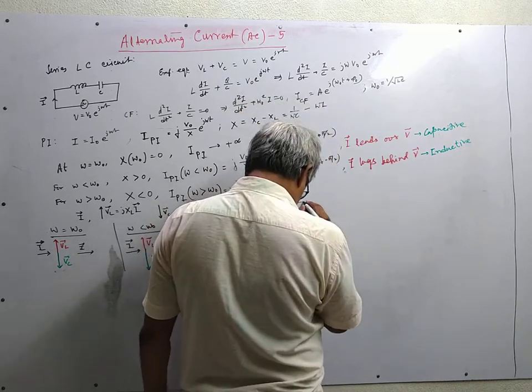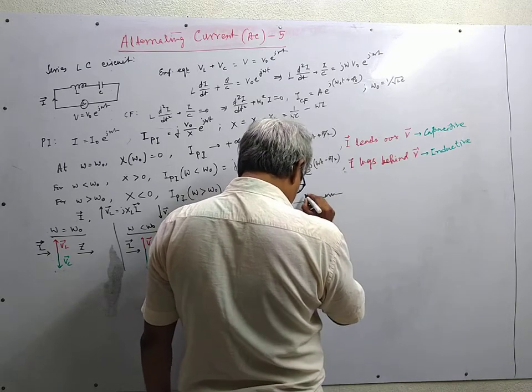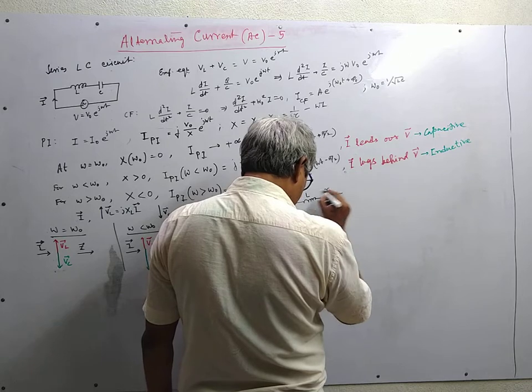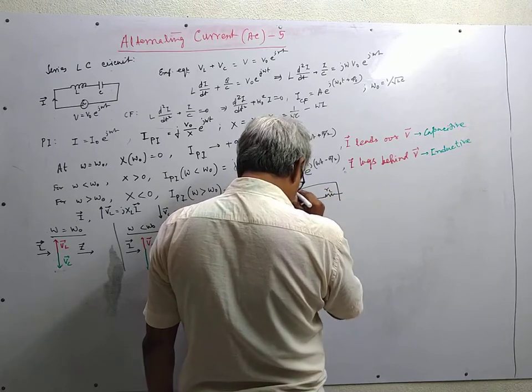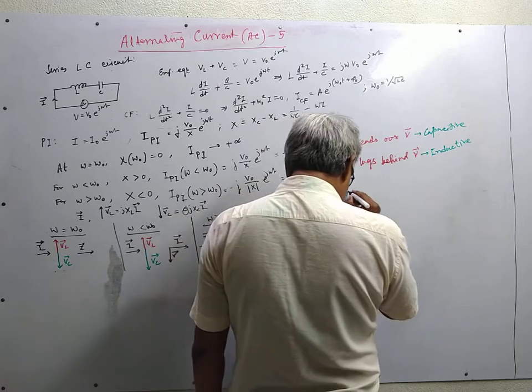A real inductor can be considered to be an inductor L plus a small resistance RL. So this is a real inductor, and similarly the real capacitor has a small series resistance RC.